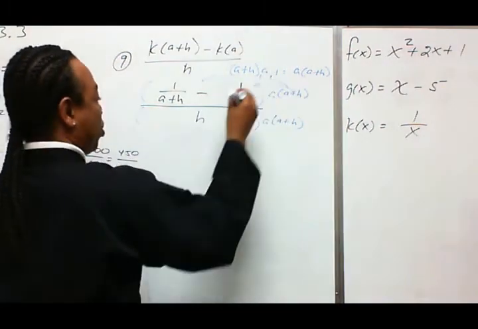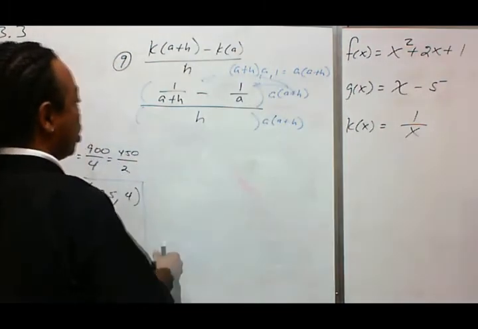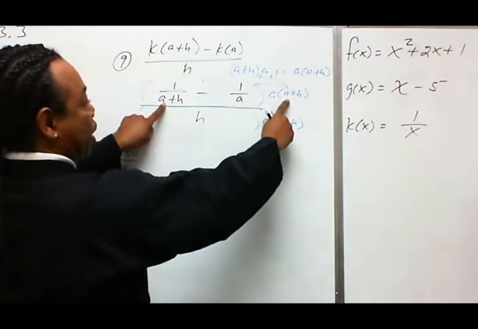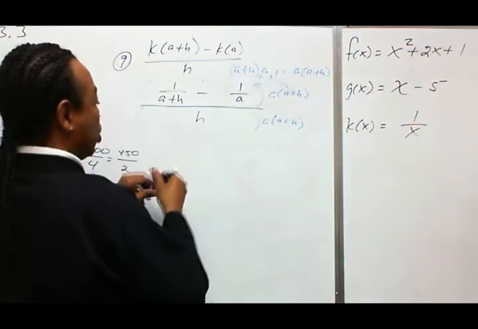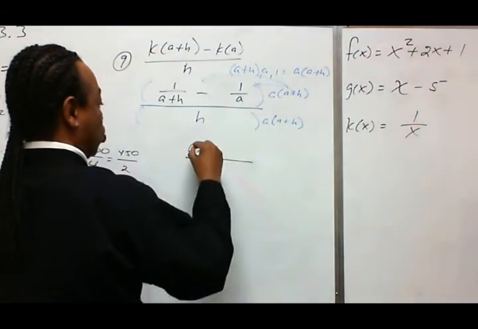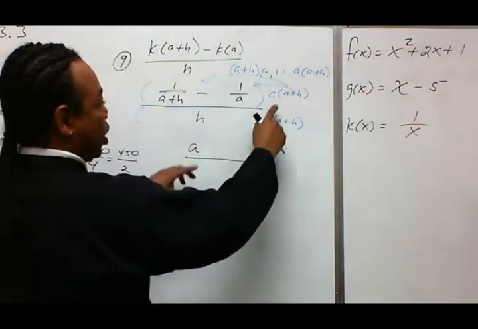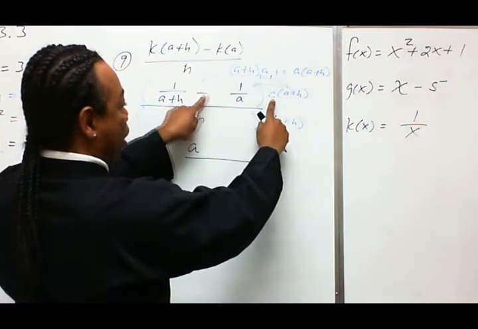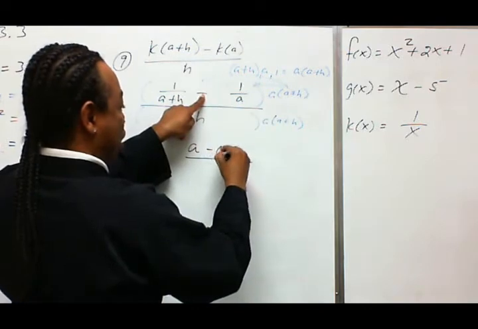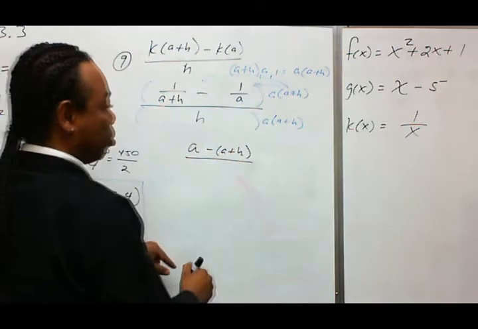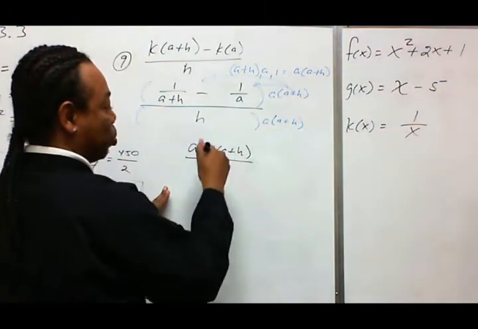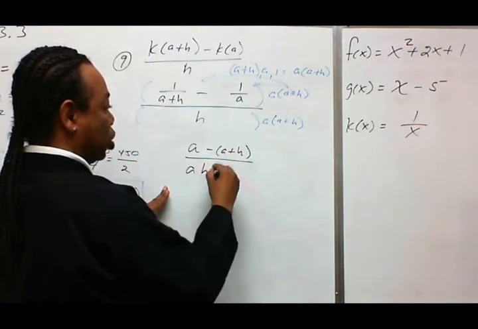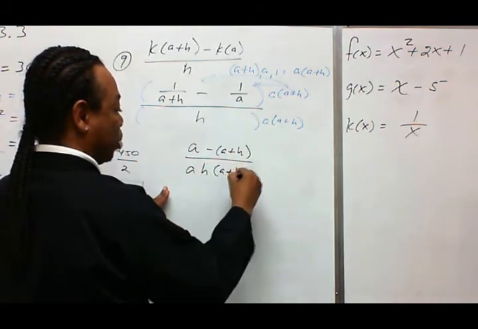Multiplying by the numerator, the a plus h cancels and we get a times 1, which is a. Here, the a's cancel and we get our negative and the a plus h. In the denominator, everything multiplies and we get a, h, and a plus h.